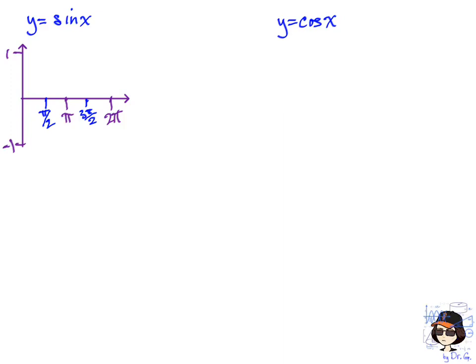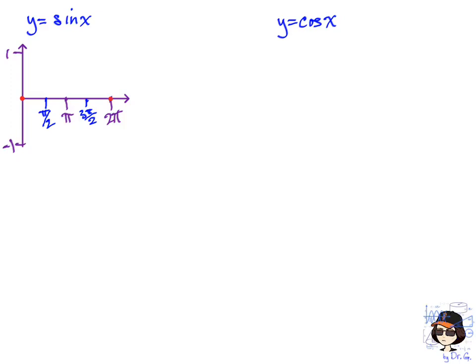Now, another feature you need to remember about the sine curve is that it starts at 0, right? Because sine of 0 is 0. So the y-coordinate of the starting point is 0. So we plot that point, and now remember, it always ends where it starts because it repeats every 2 pi units.